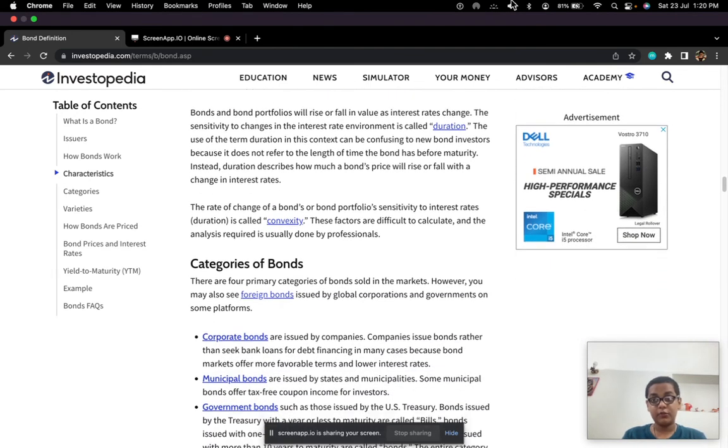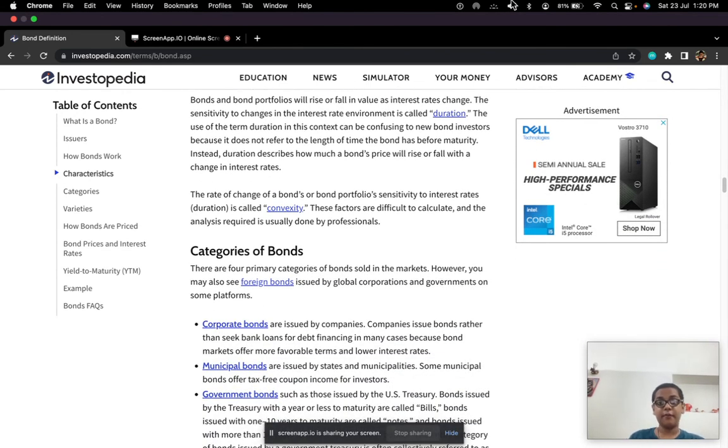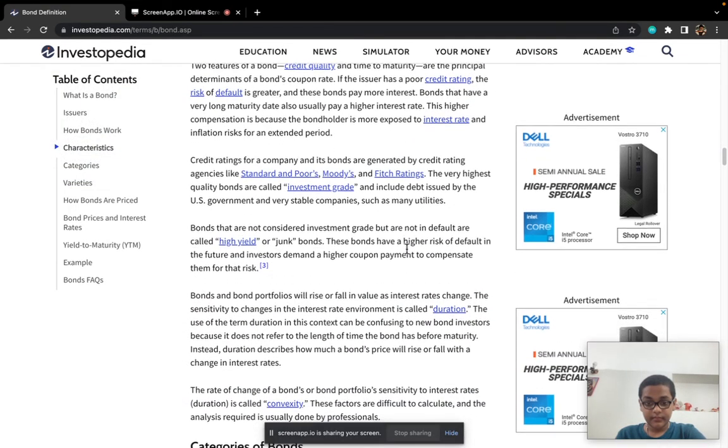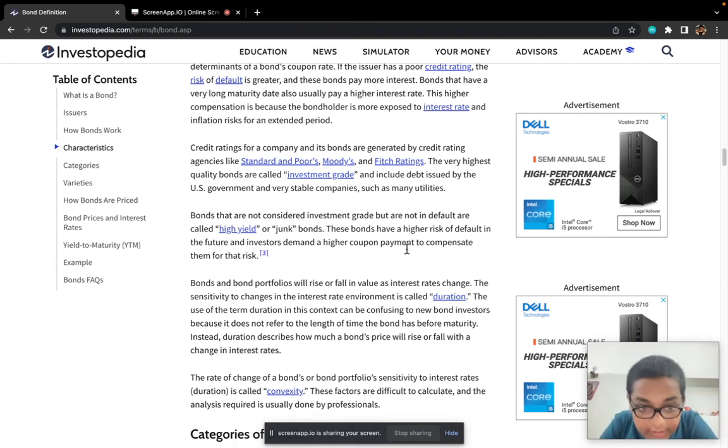Bonds and bond portfolios will rise or fall in value as interest rates change. The sensitivity to changes in the interest rate environment is called duration. The use of the term duration in this context can be confusing to new bond investors because it does not refer to the length of time the bond has before maturity.